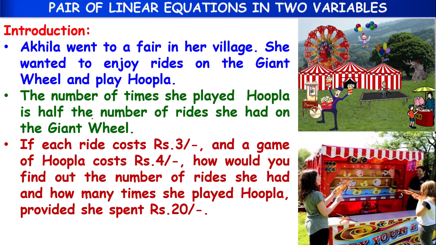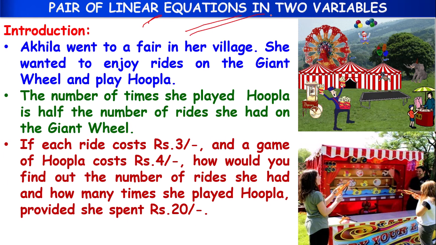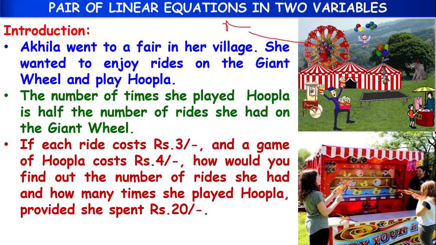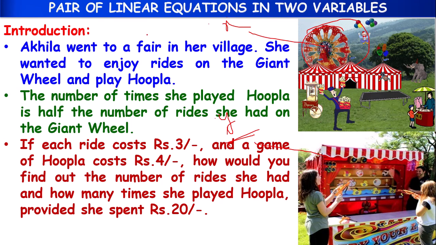In this kind of situation, children, we come across the linear equations concept. With the help of a pair of linear equations in two variables, we have to solve the question. One variable is X, the number of rides taken on the giant wheel. Another variable is Y, the number of hoopla games played. So we have two variables, and Y equal to X by 2.